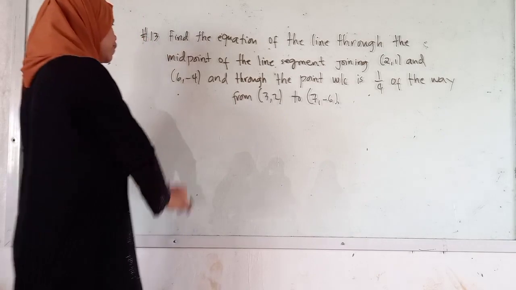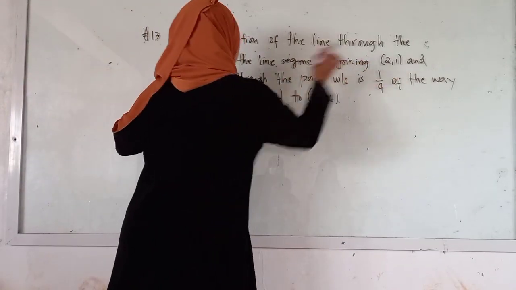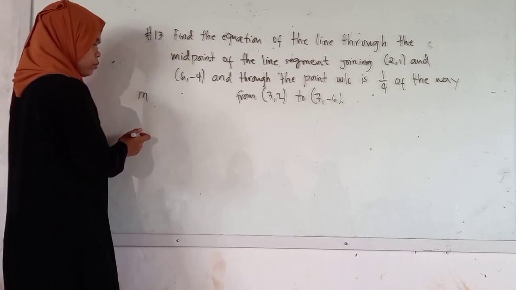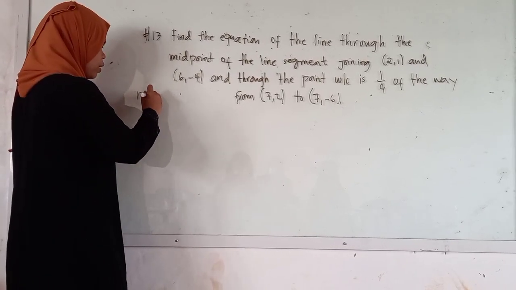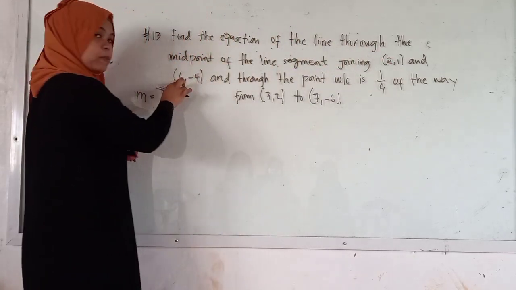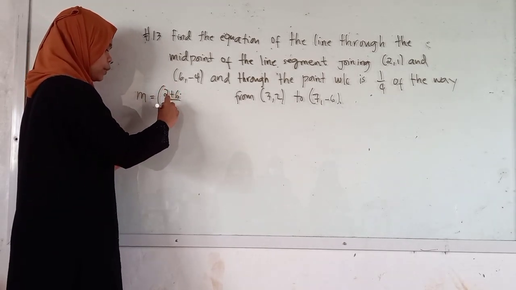Okay? So first step, I have to get the midpoint of these points. Okay? So midpoint, I have x sub 1 plus x sub 2, so I have 2 plus 6. No? So 2 plus 6 over 2.